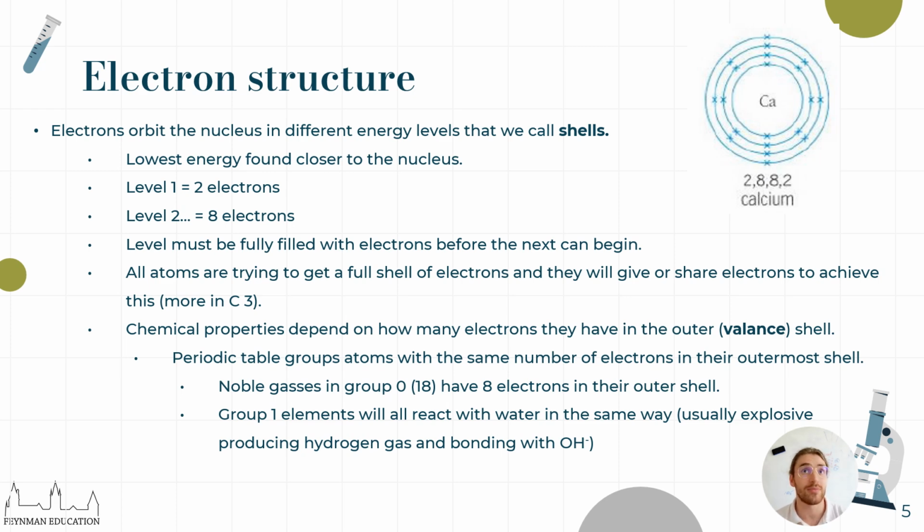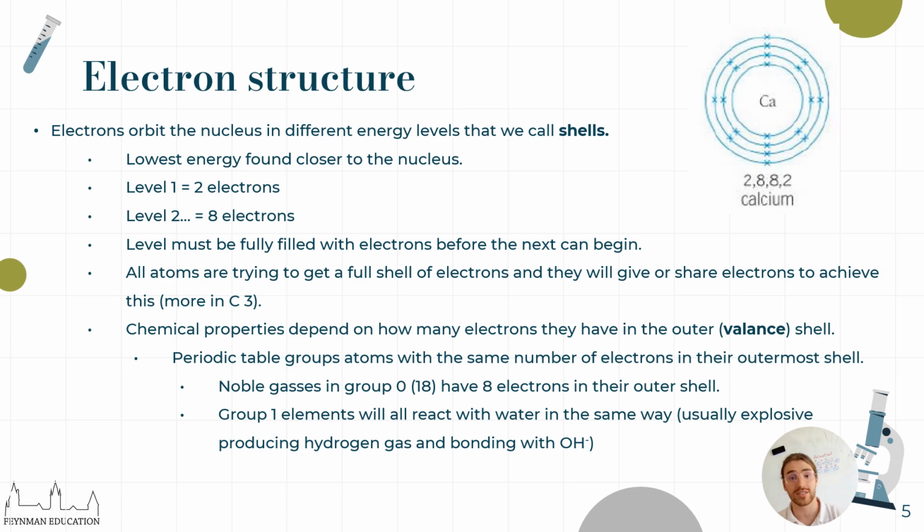Now, to become more stable, all atoms want to have a full outer level. So that final level of theirs, they want to be full. They want to have the full number of electrons. This can be done by either the element giving up its electrons.